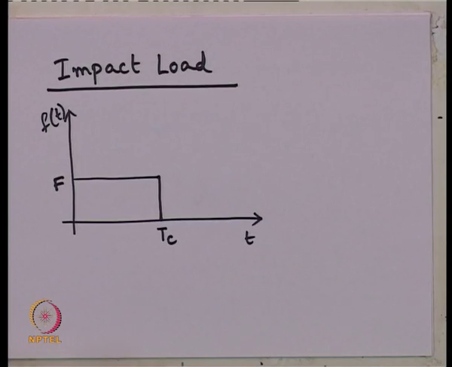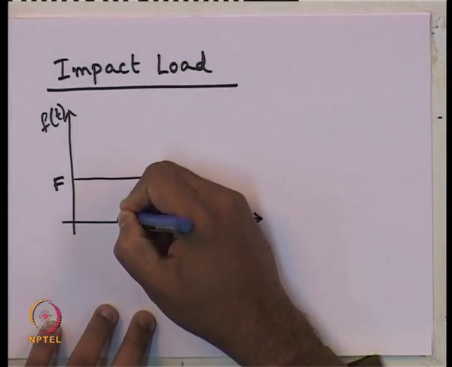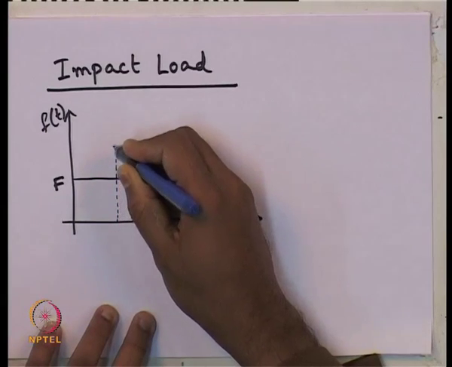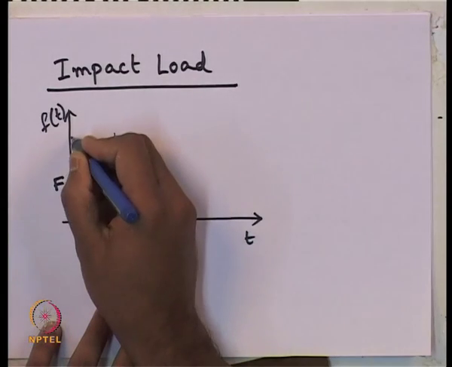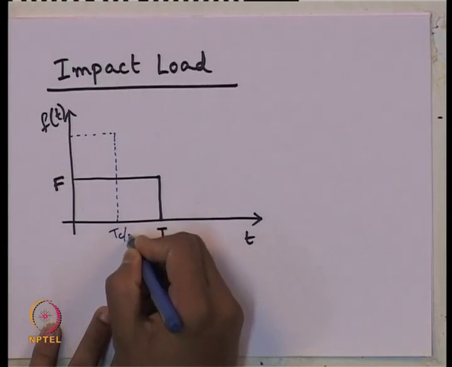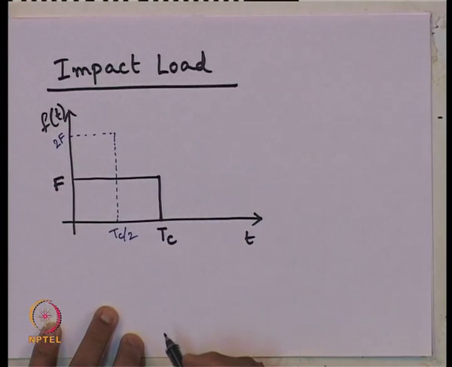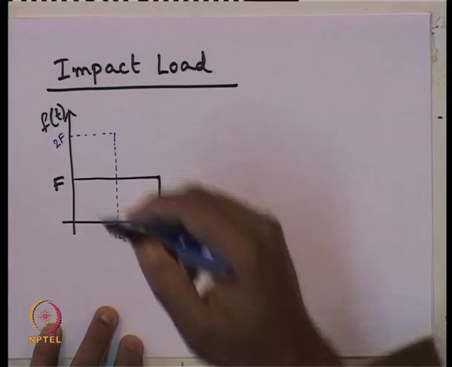I will change it slightly now like this. I make it T c by 2, I make this 2 f. So, what I did? The area under the curve I am keeping constant, fine.